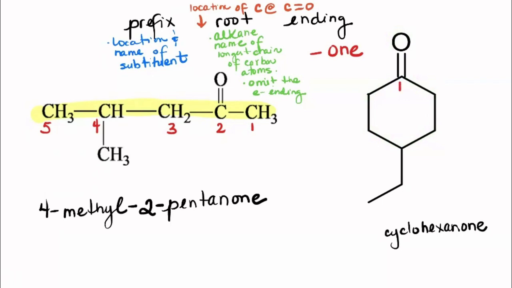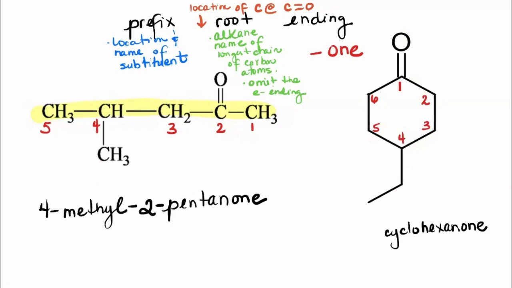Then you have to number the ring system clockwise or counterclockwise to give the substituent the lowest number. In this molecule, it doesn't matter if I go counterclockwise or clockwise, my substituent is going to be on position 4, because this is carbon number 2, this is 3, this is 4, this is 5, and this is 6. So on carbon 4, we actually have an ethyl group.